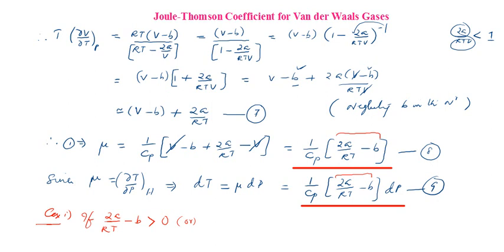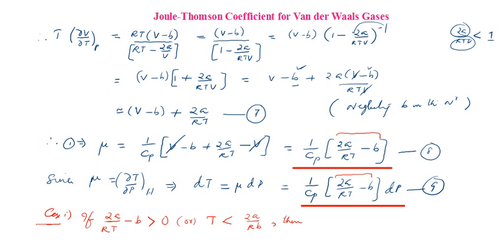On rearranging, the temperature T is less than 2a by RB. If T is less than 2a by RB, then what will happen?